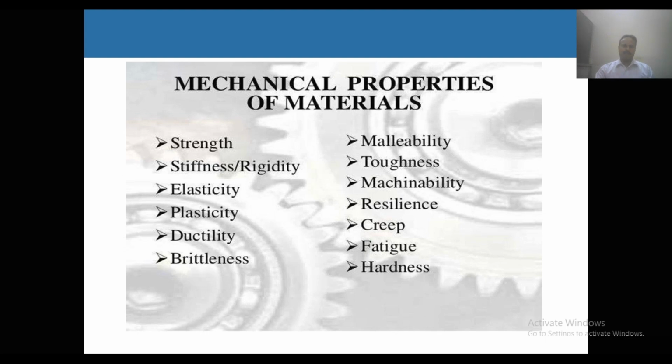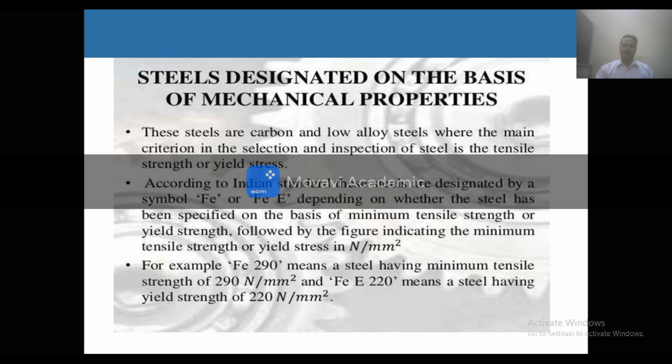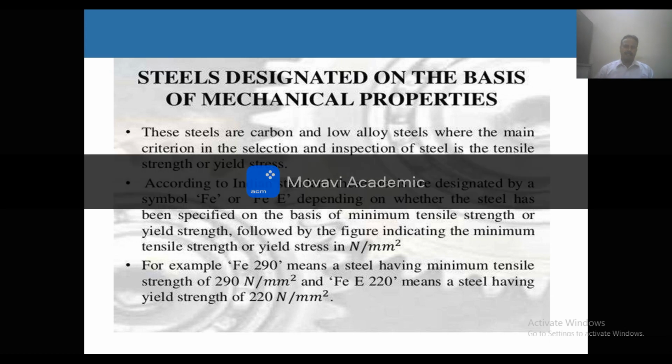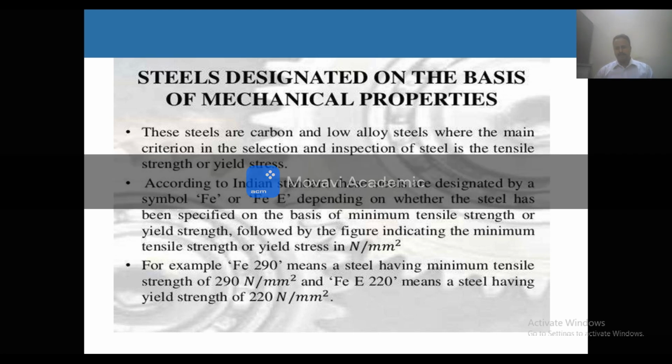So these are certain mechanical properties, these are effect of alloying elements, and this is how we designate steels on the basis of mechanical properties. So preferred series we will be taking up individually in our next lecture.